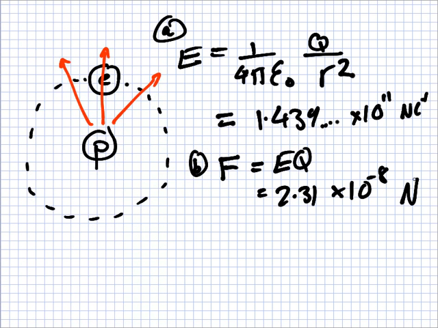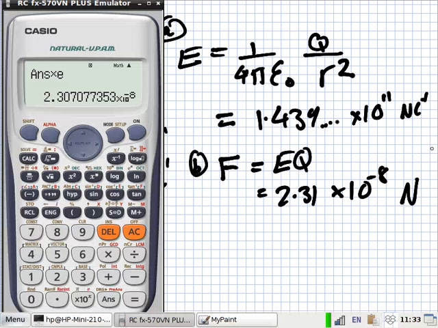If I put negative 2.31, is it okay? It's okay. Now, since this is answer B, I'm going to store this for B. Shift, store, B.